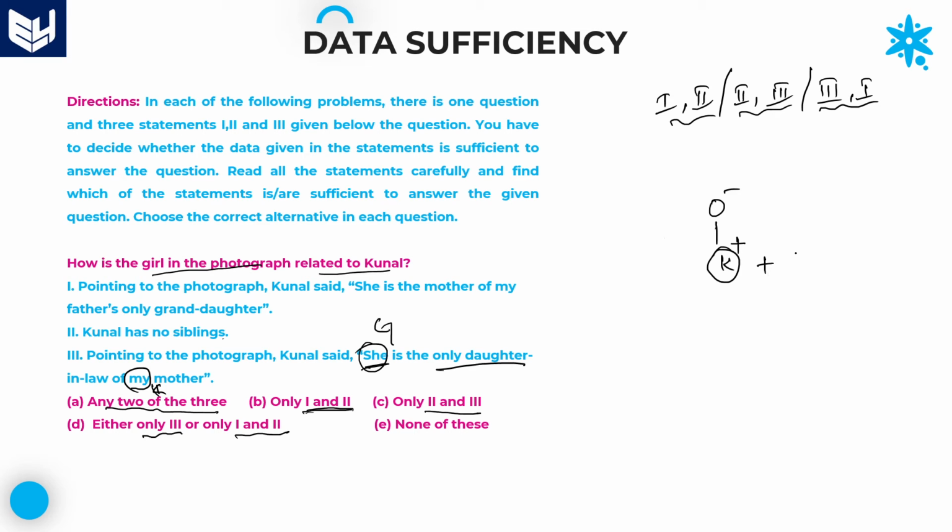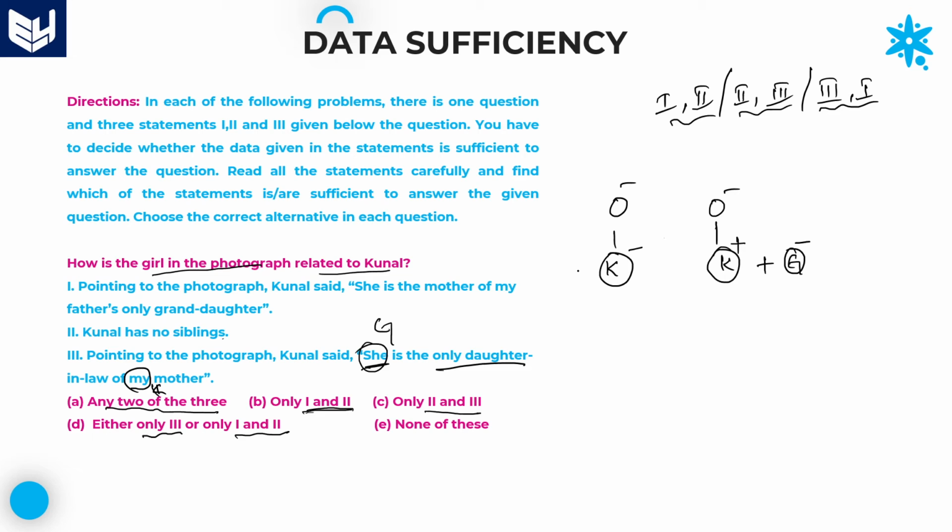So obviously this person, the girl, is the daughter-in-law. So by using only the third option, you will get the answer, right? In case we assume that only daughter-in-law means Kunal is male, then obviously this person is the daughter-in-law.